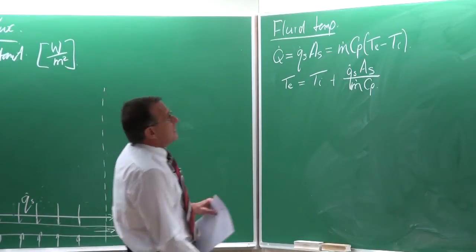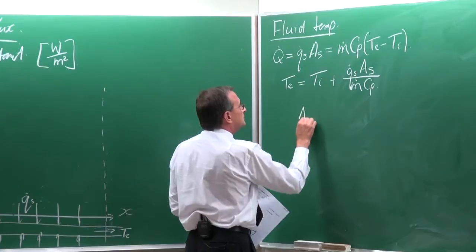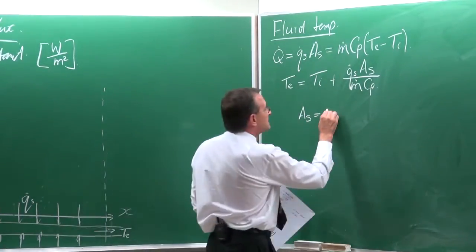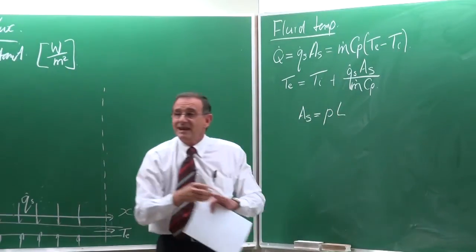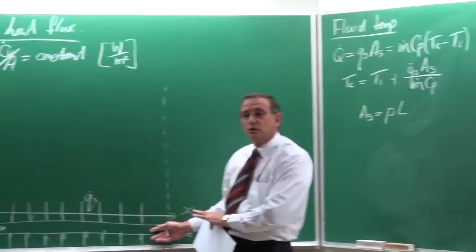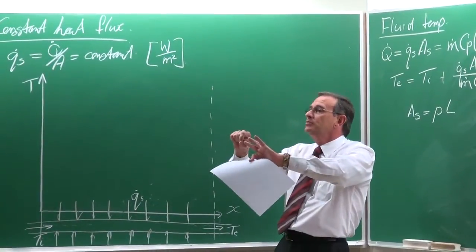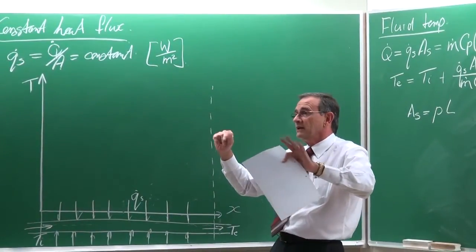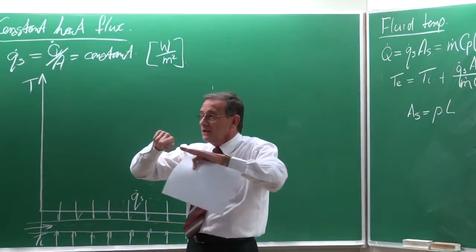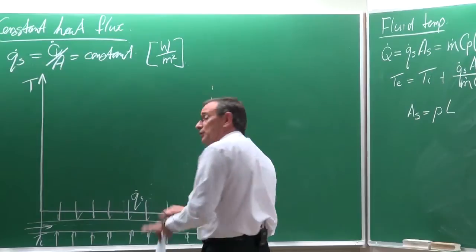Okay. Now the surface area can be described as the perimeter multiplied by the length of the tube. Here I've shown a tube, but I didn't say it's a circular tube. It might be a square one or something like that. So the surface area is equal to the perimeter multiplied by the length.